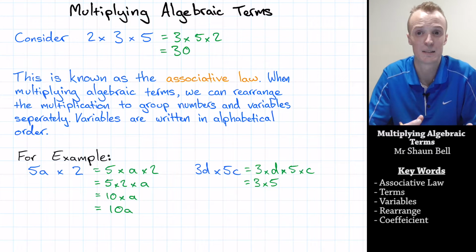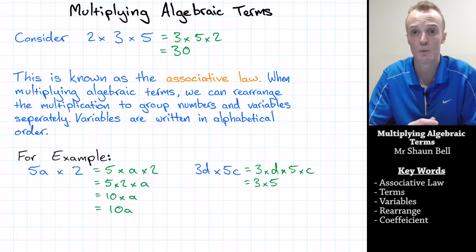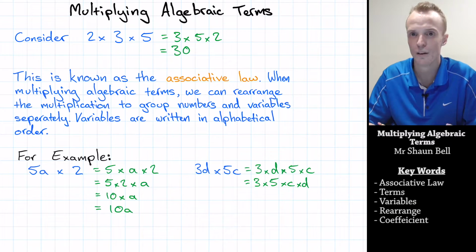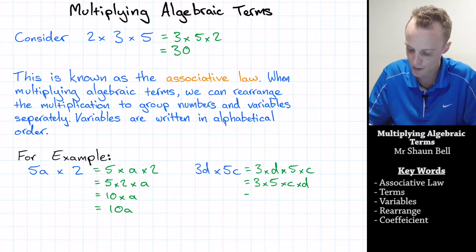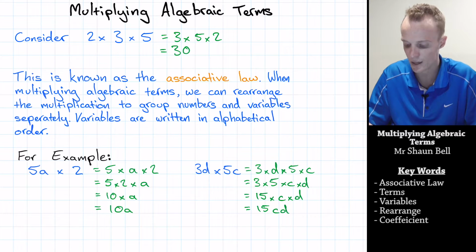But we have this custom in place so everyone's doing the same thing. In mathematics here, we list our variables in alphabetical order. So that's going to be times c and then times d. But of course, I can now go 3 times 5 is 15. So that's equal to 15 times c times d, which can be written as 15cd.